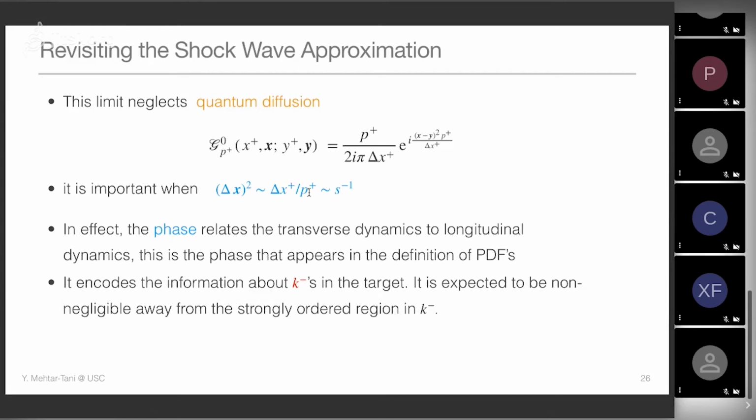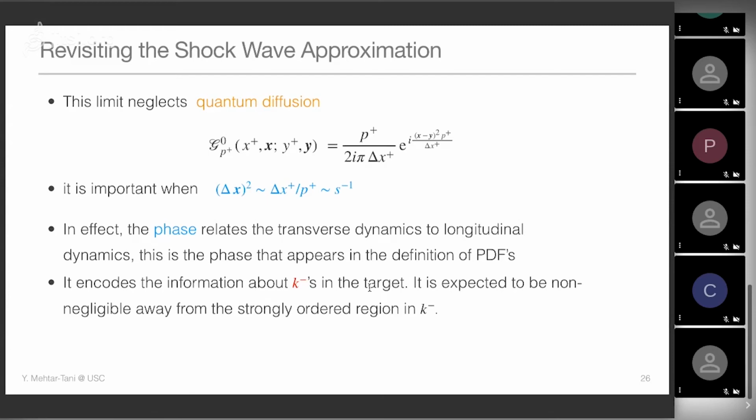But in fact, this is not somehow required. And you can, in fact, relax this approximation and keep this quantum diffusion, which becomes important when this condition happens here. So if you keep this phase, this quantum diffusion, then this will encode the information that was lost in small x, which is the information about the k minus in the target.